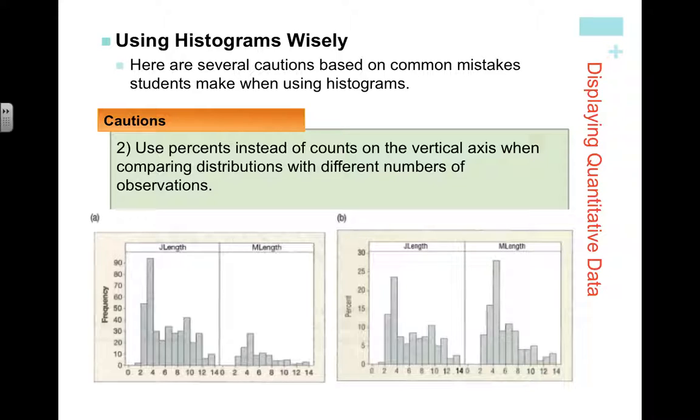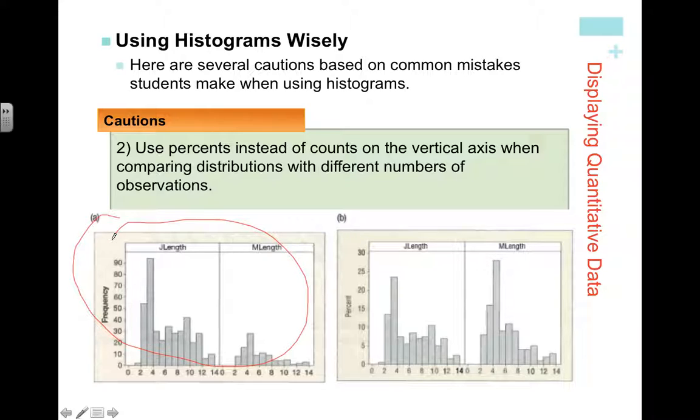The figure is misleading. It compares frequencies in this one right here in A, but the two samples were of very different sizes. If you heard me, I said one sample was 100 and the other sample was 400 words.